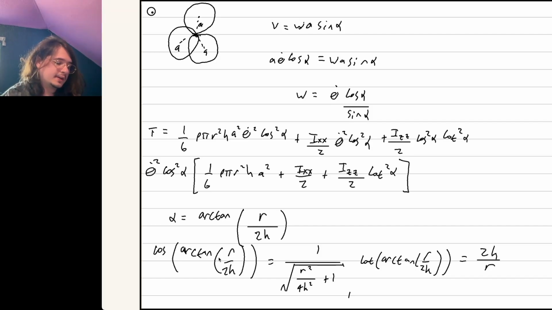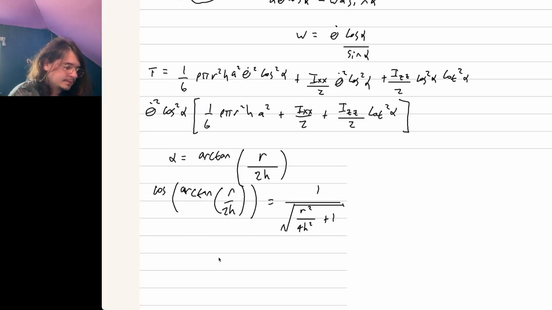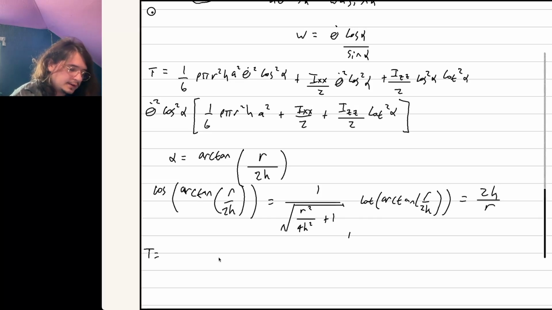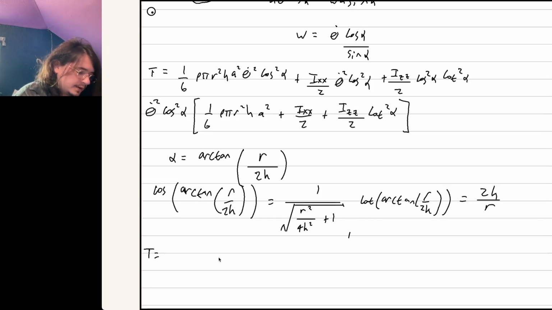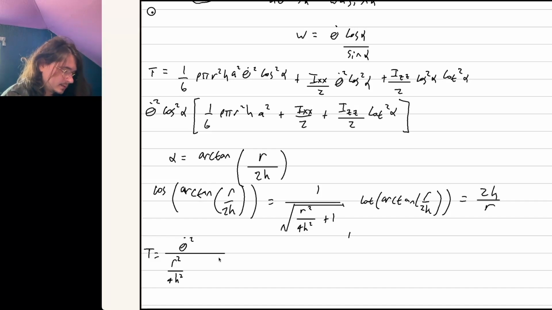Plugging that into the kinetic energy, you're doing theta dot squared. Ooh, big denominator. Theta dot squared divided by r squared over 4h squared plus 1.